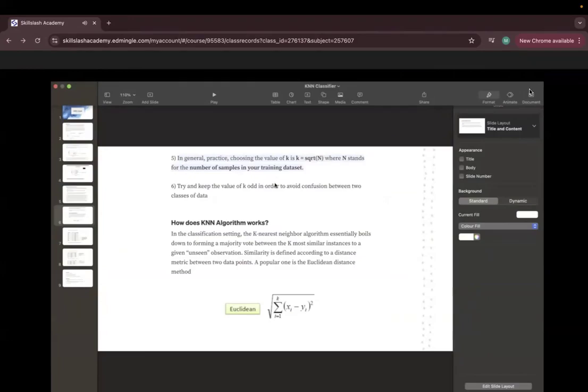Whenever you want to find the value of k, use x train. Do we understand one thing, that the count of x train and the count of y train are both equal? Training data set, correct. Either of them you can choose, which means the focus should be on training data.